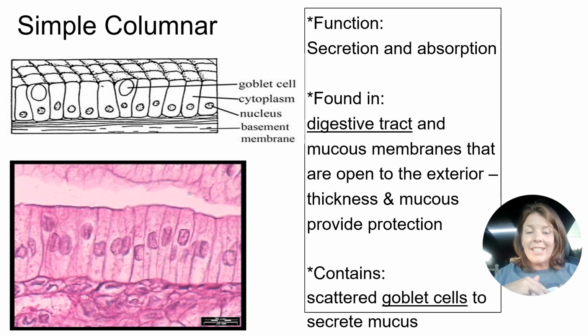Also found in these columnar epithelial cells are many goblet cells that produce mucus or hormones or oils, and they're secreted up onto their surface. Especially if it's secreting something like mucus, it can be an additional layer of protection for the tissue and organ as well.